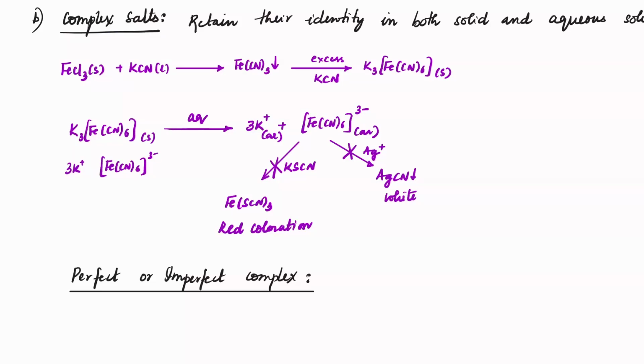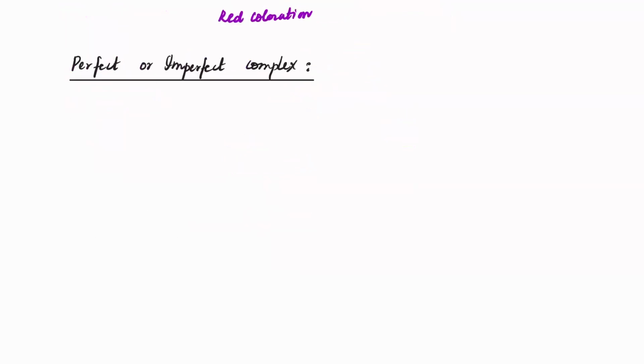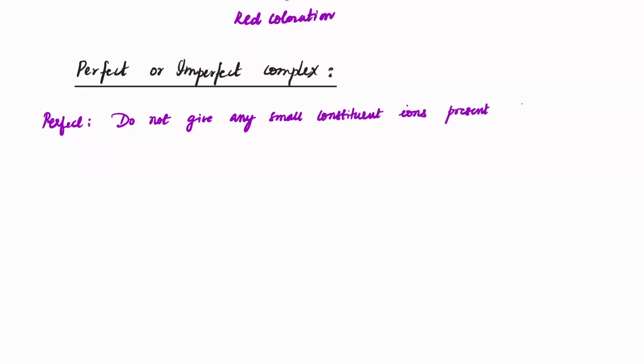Now within complex salts, we have two kinds. One is perfect and the other is imperfect complexes. Perfect means those which do not give any small constituent ions present in the complex form.